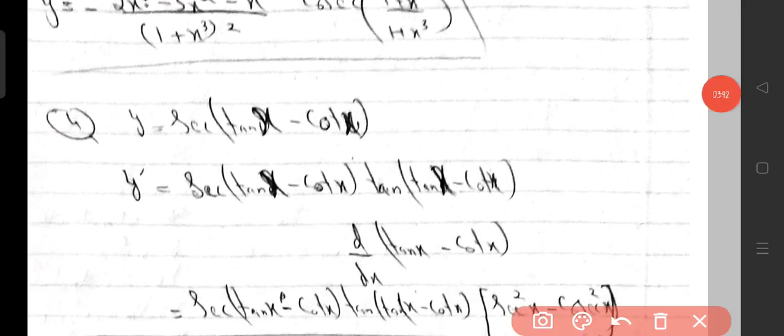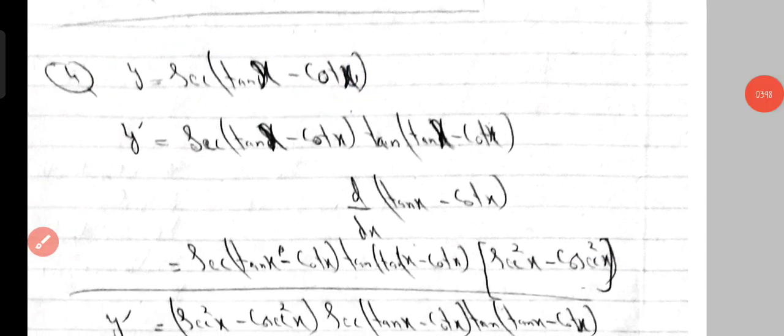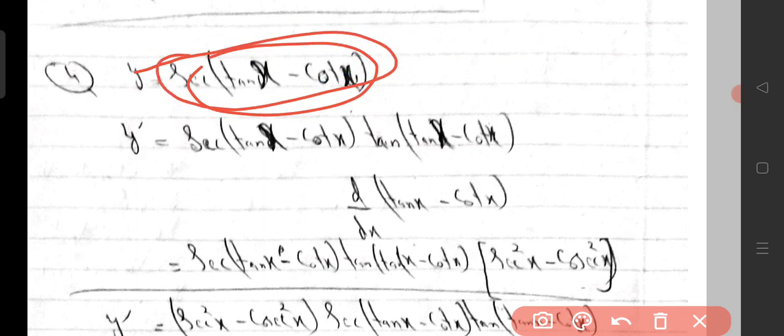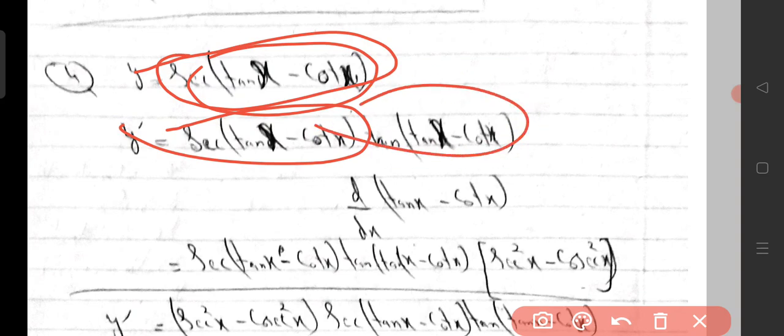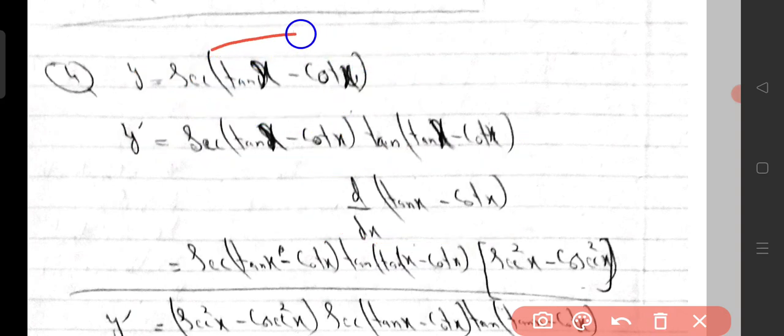Next is y is equal to sec of (tan x minus cot x). So inside the angle you have trigonometric identities. First of all, the derivative of sec x is sec x tan x, and then you must find the derivative of the box. Your box is tan x minus cot x.